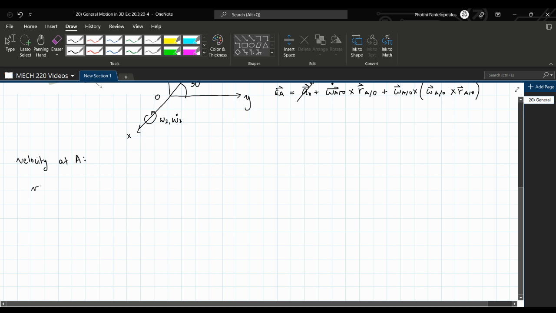I'm just going to rewrite my equation here, excluding the velocity at O. The rule in 3D motion is that the angular velocity of the rigid body, which in this case is the angular velocity of the ladder, the angular velocity of A with respect to O, is the sum of the angular velocities.